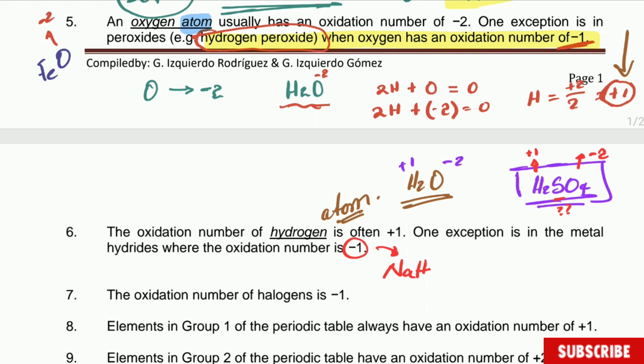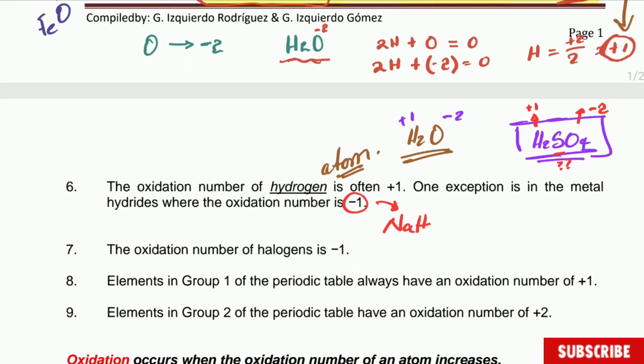Now, halogens always have an oxidation number of negative 1. Halogens, we're referring to Cl, F, Br. Those are halogens, and all of them will have the oxidation number of negative 1. Now, this is when halogens are atoms. Be careful with this one also.